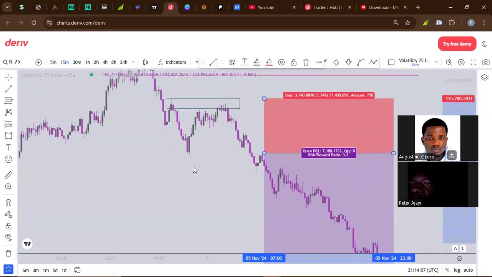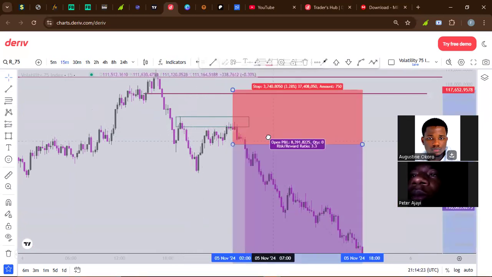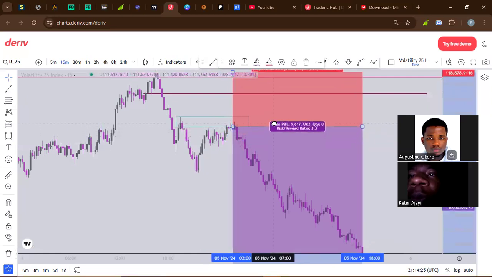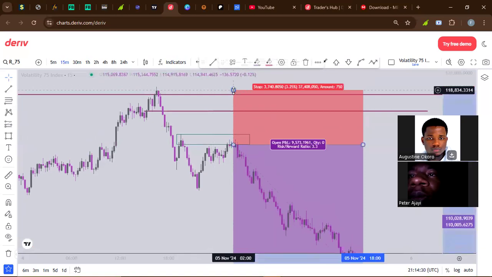You can see this 15 minutes order block. I was expecting the market to push to this 1 hour order block. That was what I was expecting. But it was just consolidating in this 15 minutes order block. So I said, okay, my entry should be here, then my stop loss would be so wide for me.